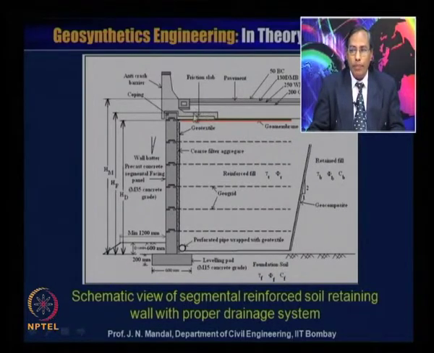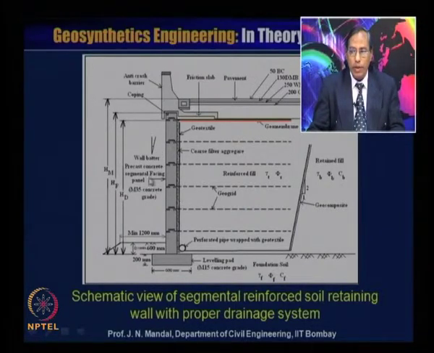And this is the friction slab, and this is the anti-crash barrier to prevent any accident. You should provide the anti-crash barrier, which you also require for the design, and this is the coping.